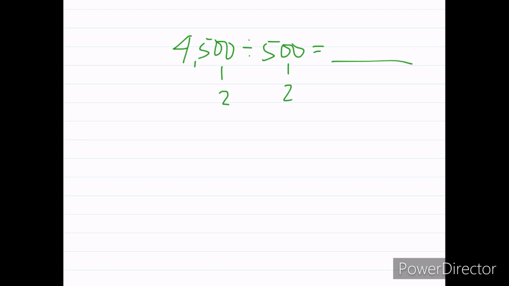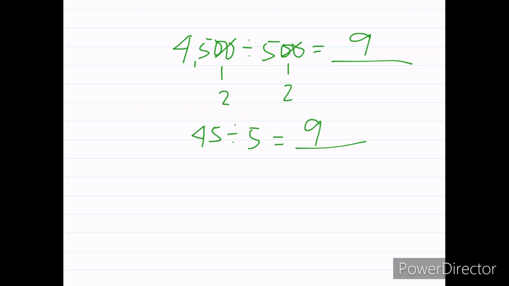Then cross out the shared zeros. Next, the remaining number is 45 divided by 5, still the same as our first problem, 45 divided by 5 is 9. Therefore, 4,500 divided by 500 is 9.